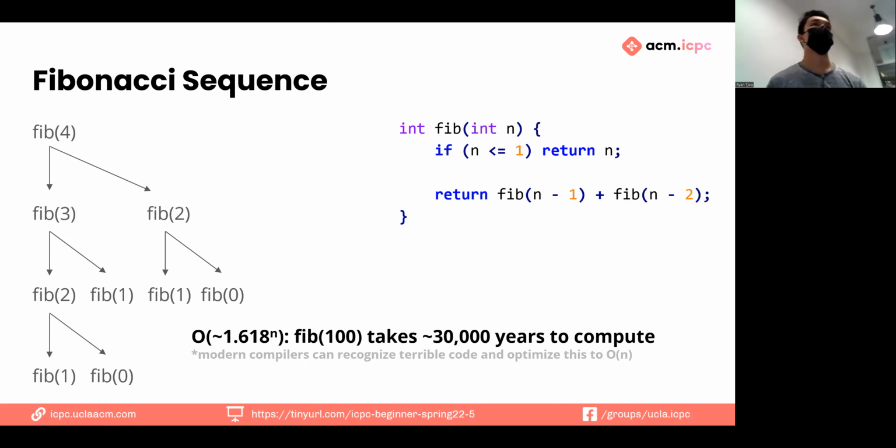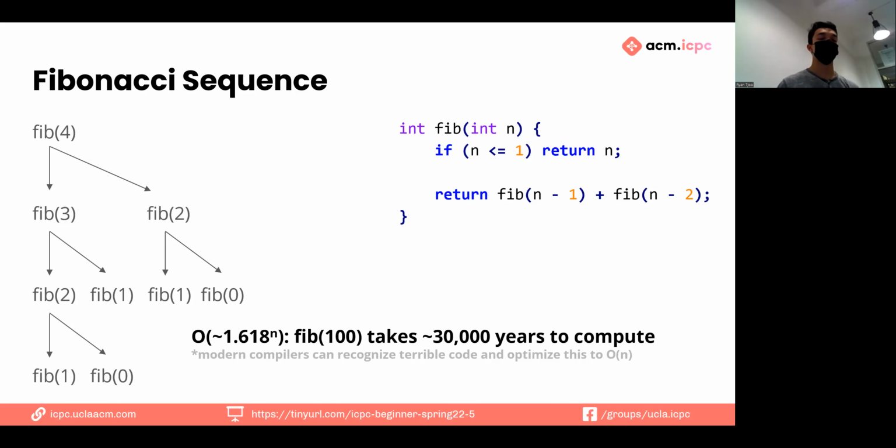But either way, the time complexity for this function is exponential, meaning if you add a constant amount to n, then the total amount of work we have to do is multiplied by some factor. The problem with this is that in general, exponential programs are about as bad as things can get.